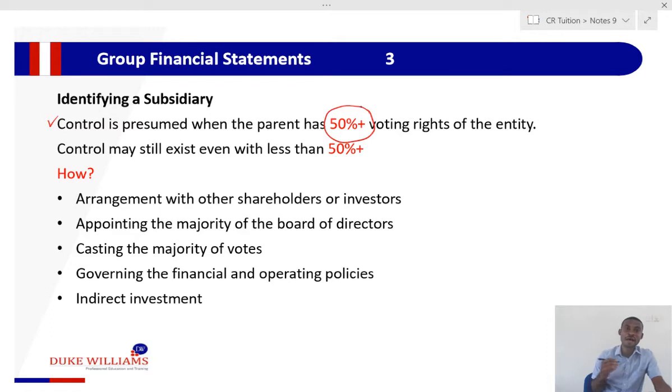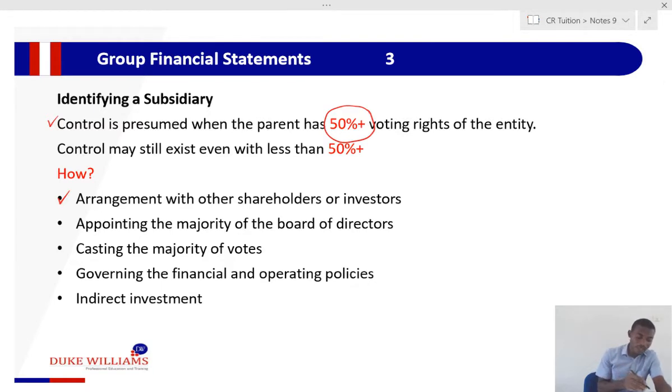How can this happen? Through shareholder agreements with the other shareholders or investors, such that the entity who is the investor could have majority representation on the board, could have majority voting rights, could control or have the power to govern the financial and operating policies of the investee.